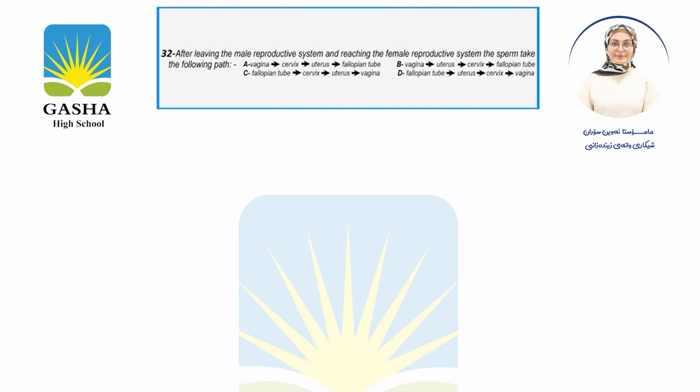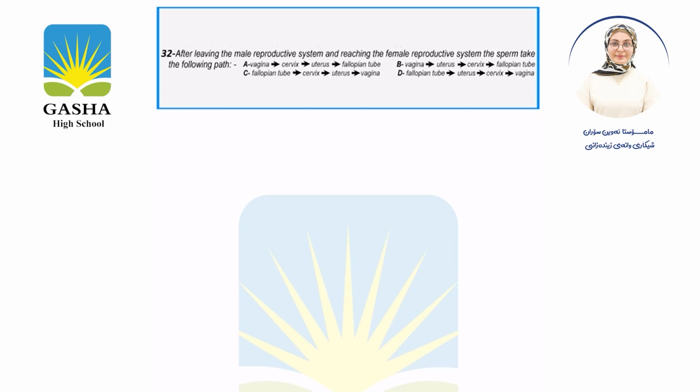A and B start with the vagina. C and D start with the fallopian tube. We know the fallopian tube is not the beginning of the female reproductive system. So we directly cancel C and D at the beginning. So how many remain? A and B, only 2 remain.